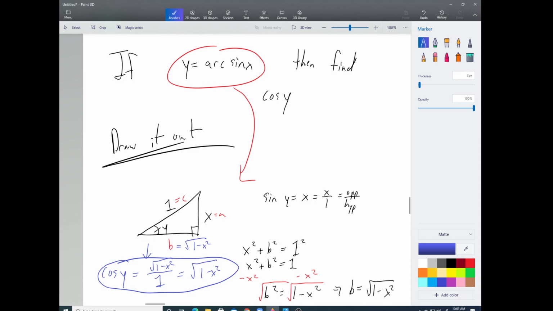And yes, we're not getting out anything with numbers here, we're getting out equations. But equations are actually going to be what's going to be helpful for us when taking the derivative.